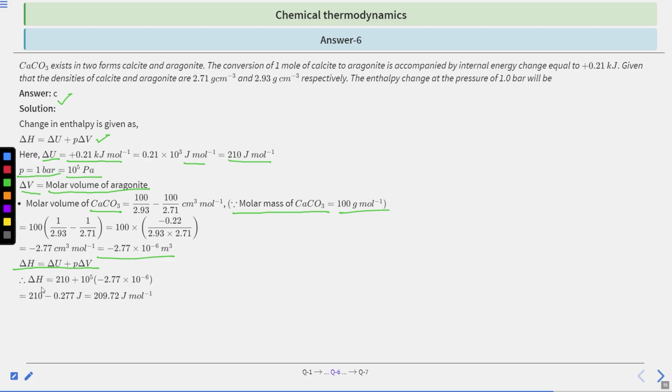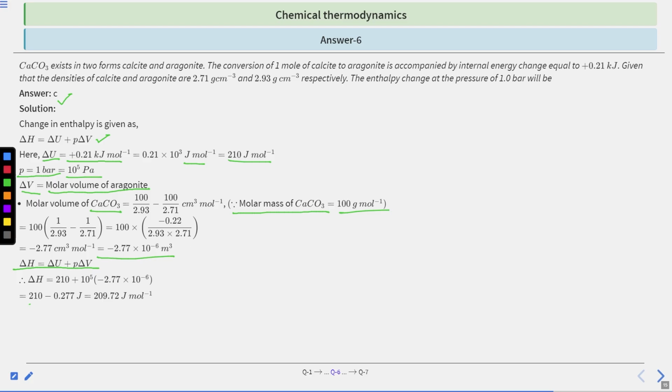On putting the values, del H will be del U, that is 210, plus P, that is 10 to the power 5 Pascal, multiplied by del V, that is minus 2.77 multiplied by 10 to the power minus 6 meter cubed.